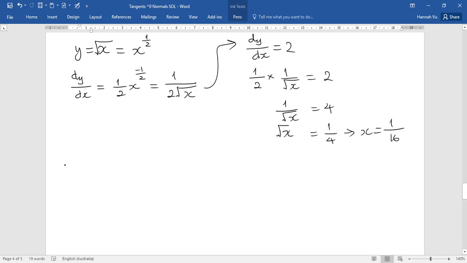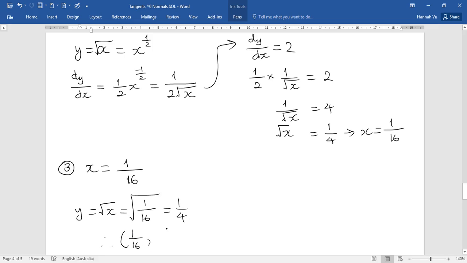From here, I'm going to find the y value. This point, with this x value and this y value, is going to lie on the normal. So y is square root of x, which is square root of 1 on 16, which is 1 over 4. So we have 1 on 16, 1 over 4, and from here I can find the y-intercept of the normal.